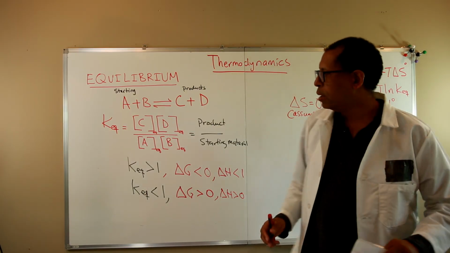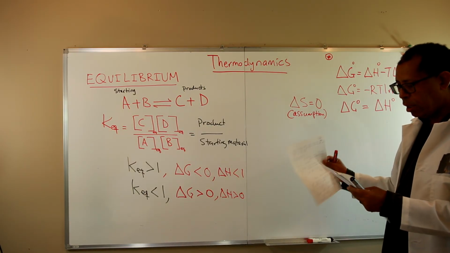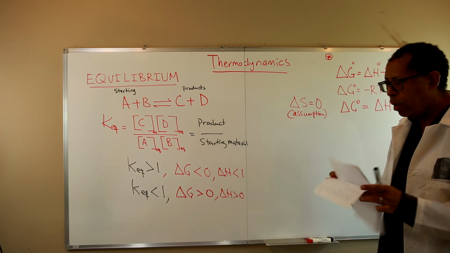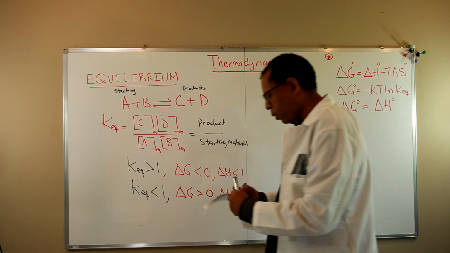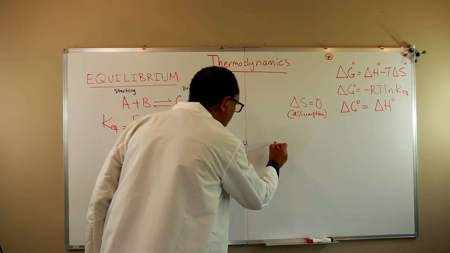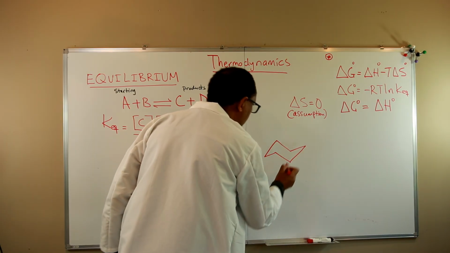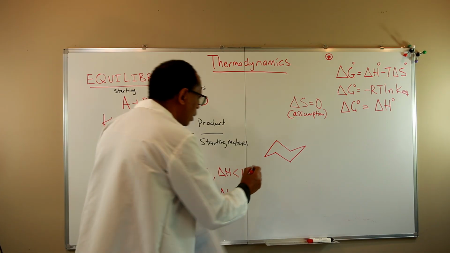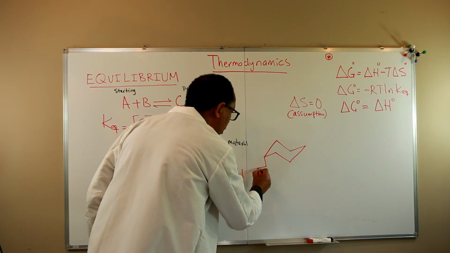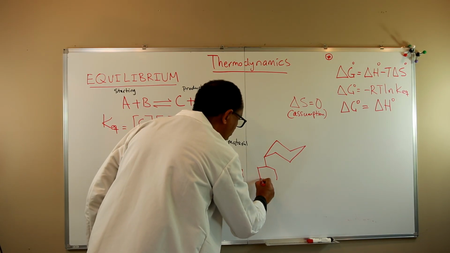So with this, I will continue by showing you one equilibrium situation with a chemical like this. You have this phenyl group.